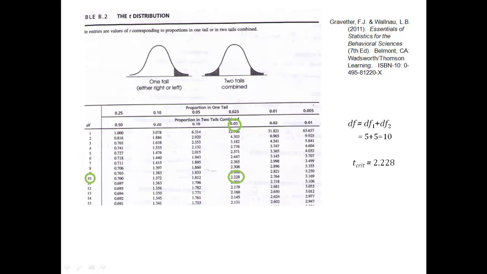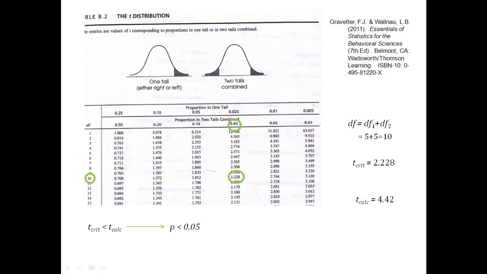And we'll compare that to our t-calc value, which is 4.42. So that means our t-crit value is less than our t-calc value, which means that p is less than 0.05. So we have a significant result.